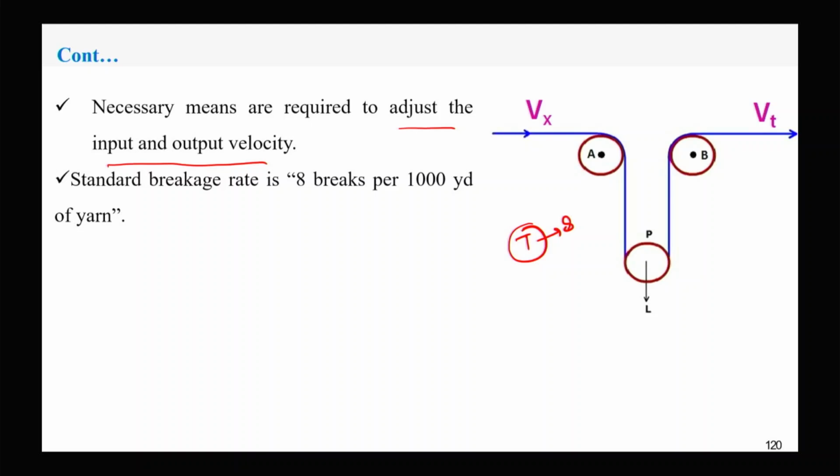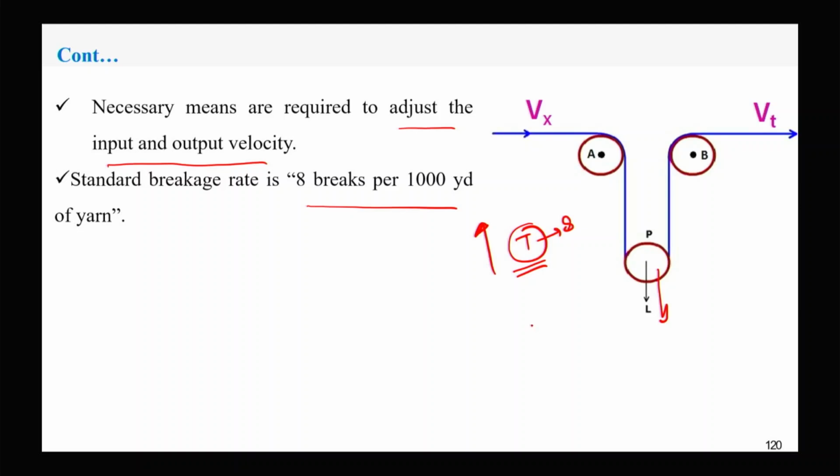So what we do, we try to increase the tension, that is the load, till the breakage rate reaches 8 breaks per 1000 yard. That is the standard tension. So if the dynamic tension value is high, that means the yarn is better. So higher tension is required for 8 breaks per 1000 yard.